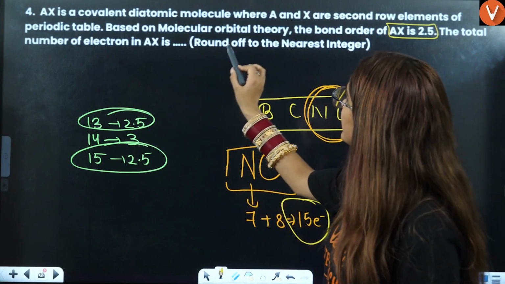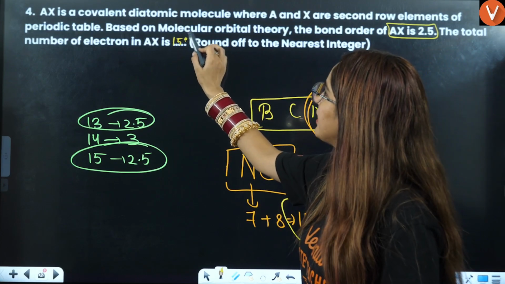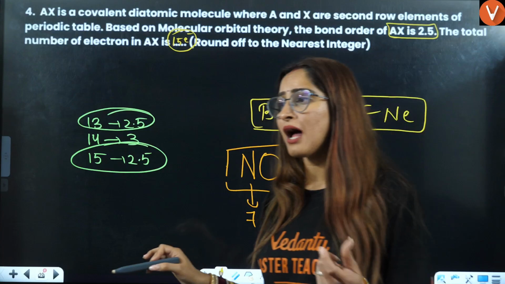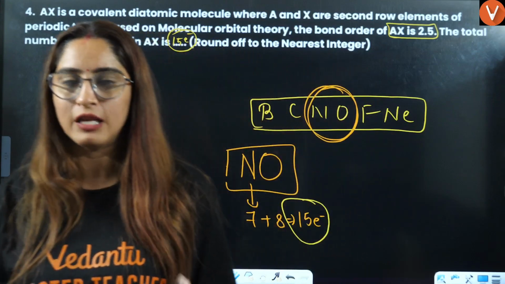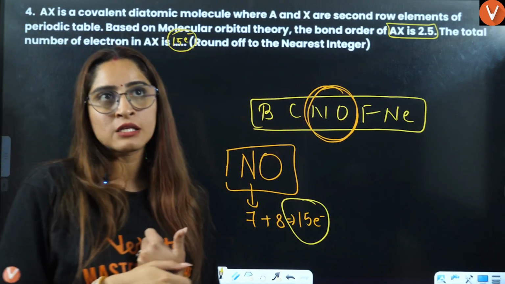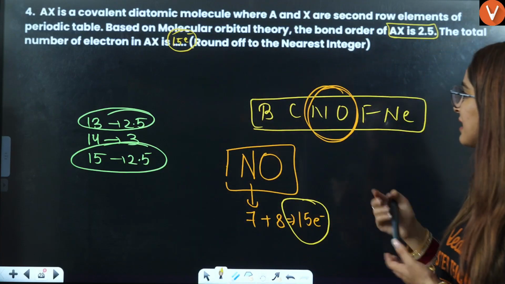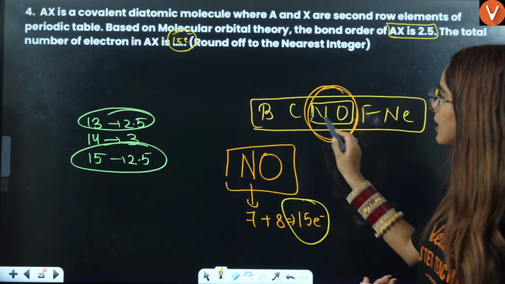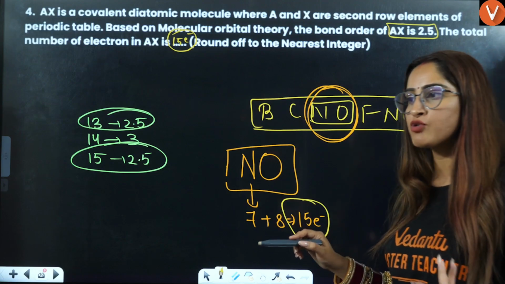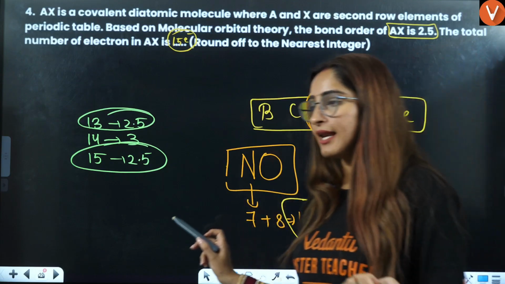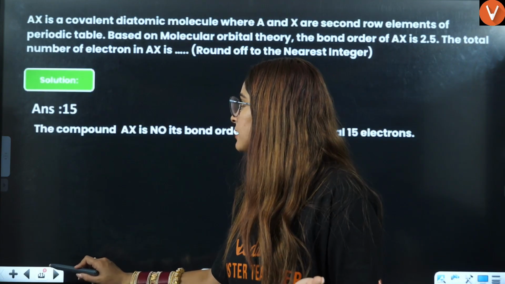So the answer is 15 electrons. Otherwise, the answer could only be 13 or 15, and out of these, 13 is not possible here. Even if you try to choose anything else, the only possibility we have is NO. So the answer is 15 electrons, with NO being the correct answer.